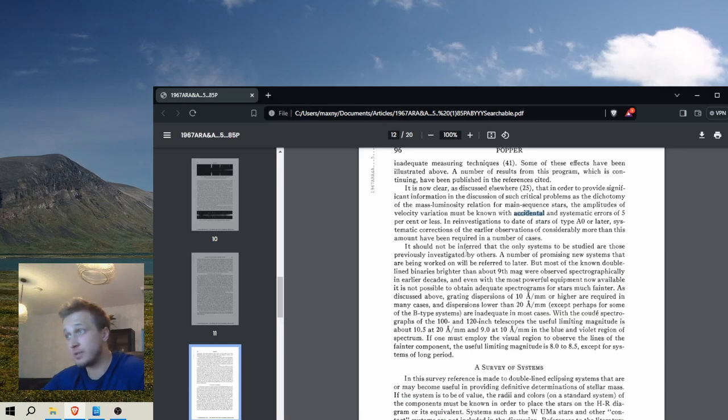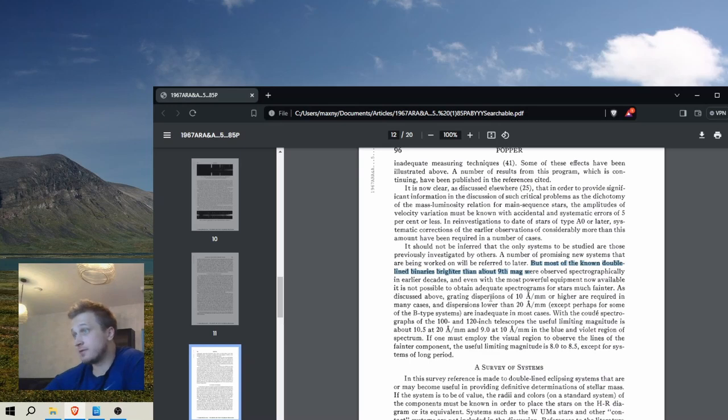It should not be inferred that the only systems to be studied are those previously investigated by others. A number of promising new systems that are being worked on will be referred to later, but most of the known double-line binaries brighter than about 9th mag were observed spectrographically in earlier decades, and even with the most powerful equipment now available, it is not possible to obtain adequate spectrograms for stars much fainter.